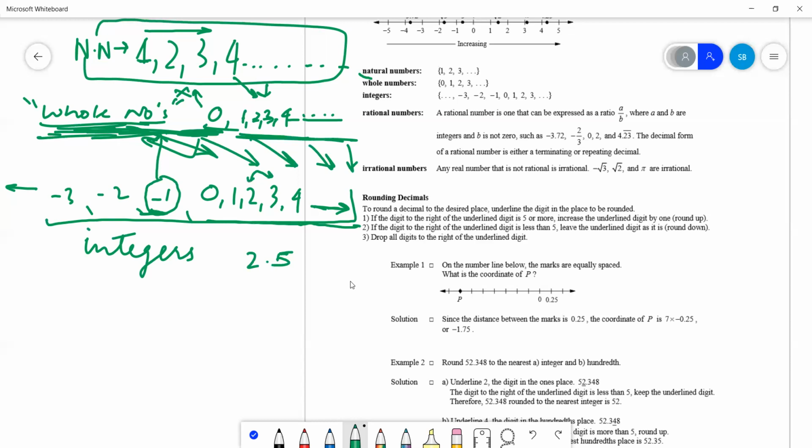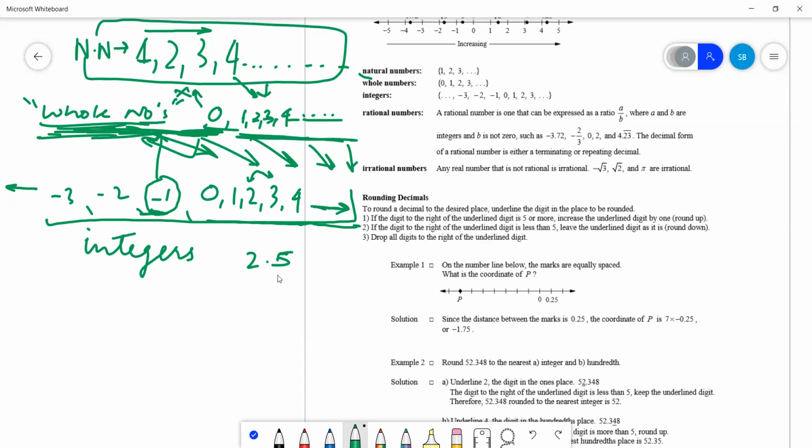It's not, because natural numbers don't contain any decimals. They are complete numbers, not in between those complete numbers. So it's not a natural number.